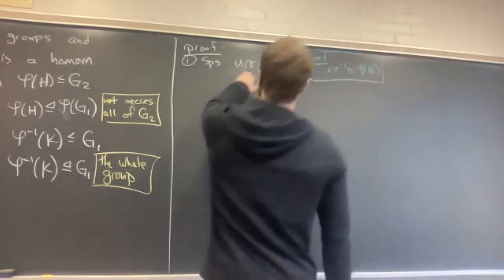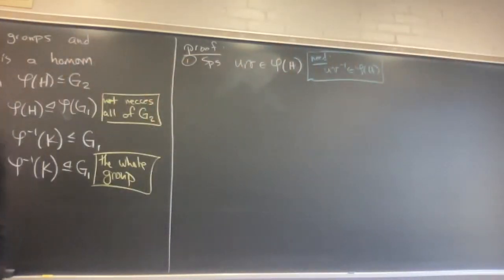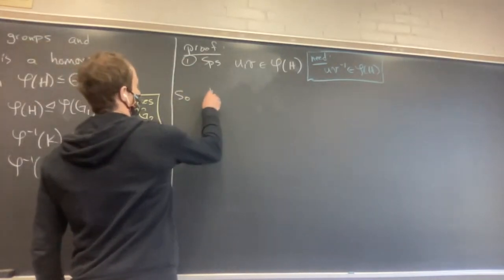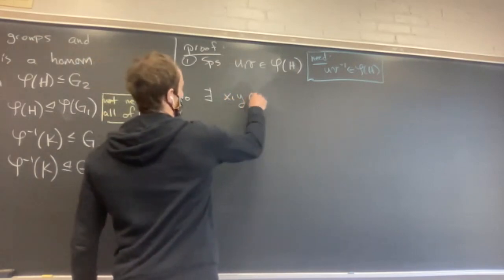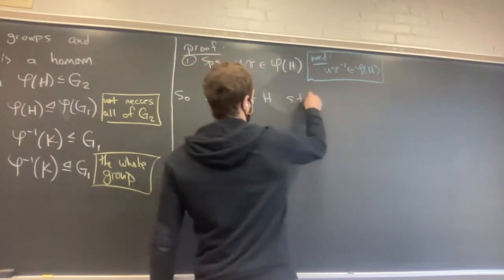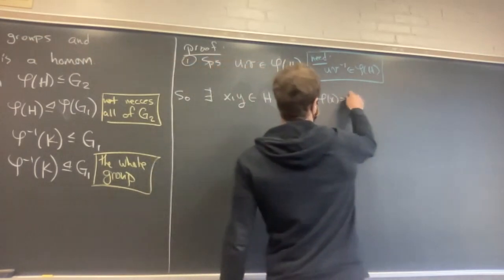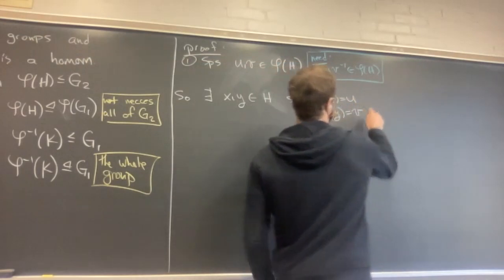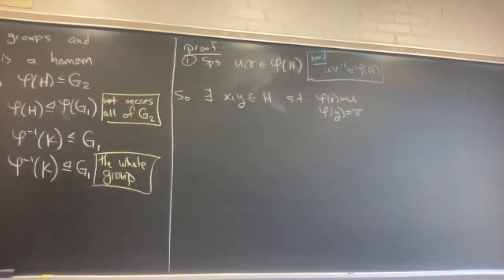Well, what's the entry fee into being in phi of H? To be in the image, that means there exist X and Y in H such that phi of X equals U and phi of Y equals V. So that's what it means to be in the image, right? It means that you're mapped onto by an element from that subgroup.